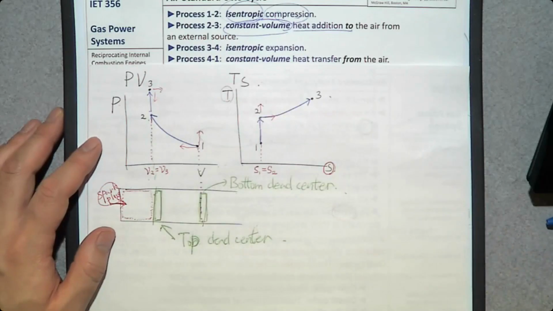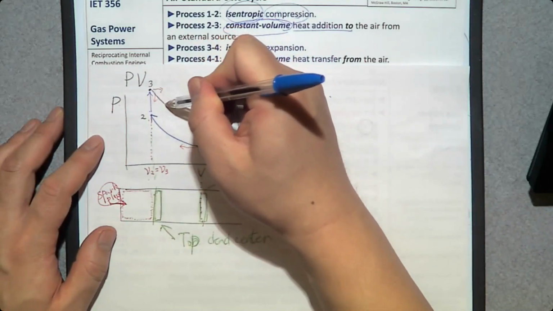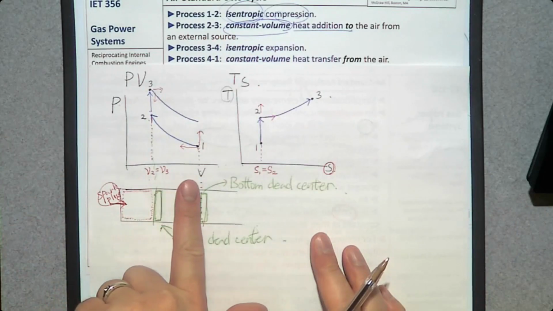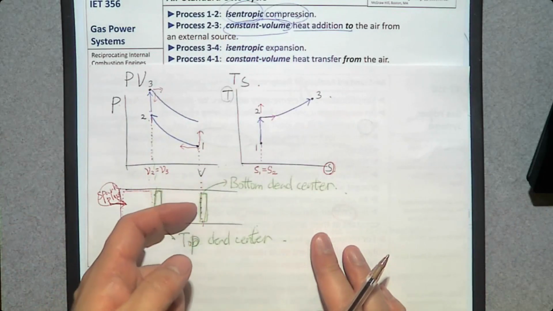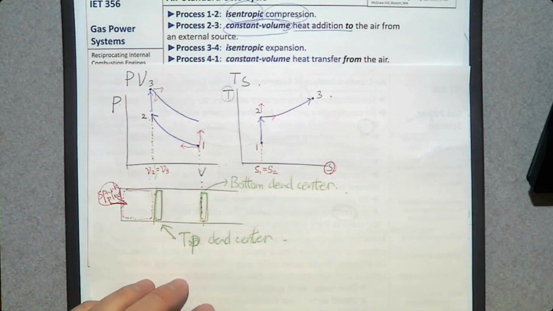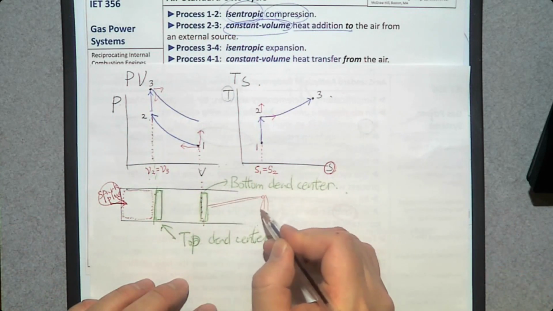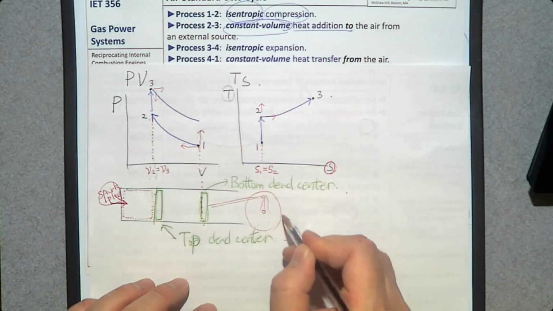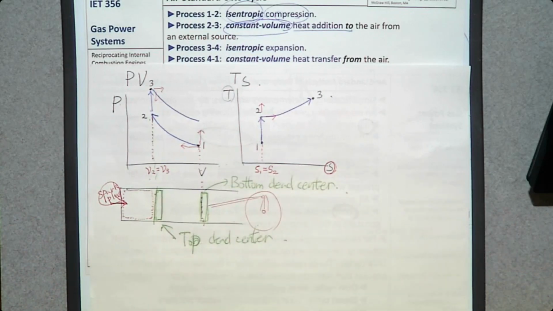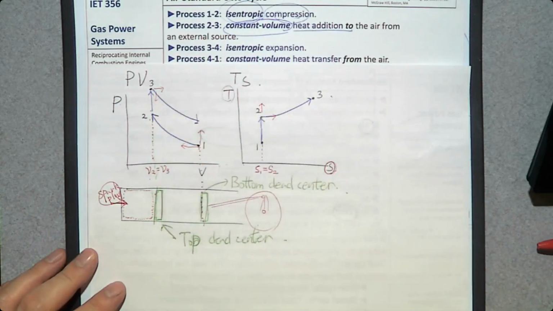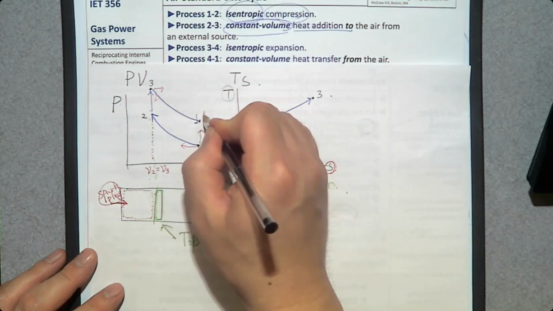So this way, the piston is moving to the right, so it produces power. So this one is going to be connected to this crankshaft, rotating it, right? So that's how we produce power. To number 4.